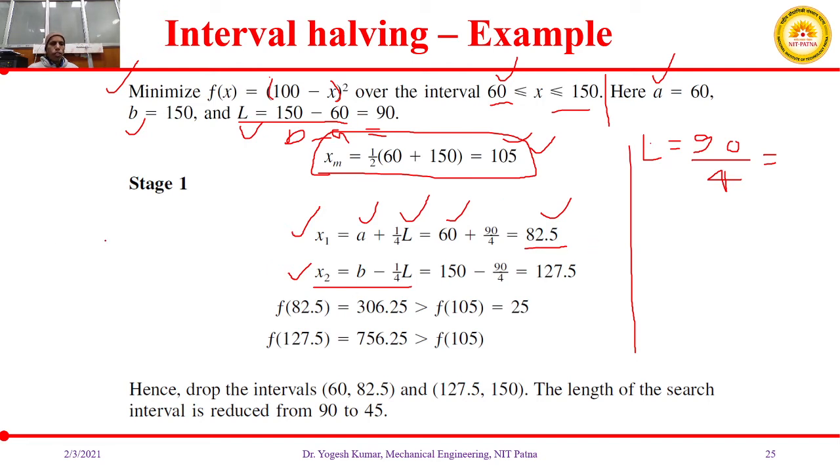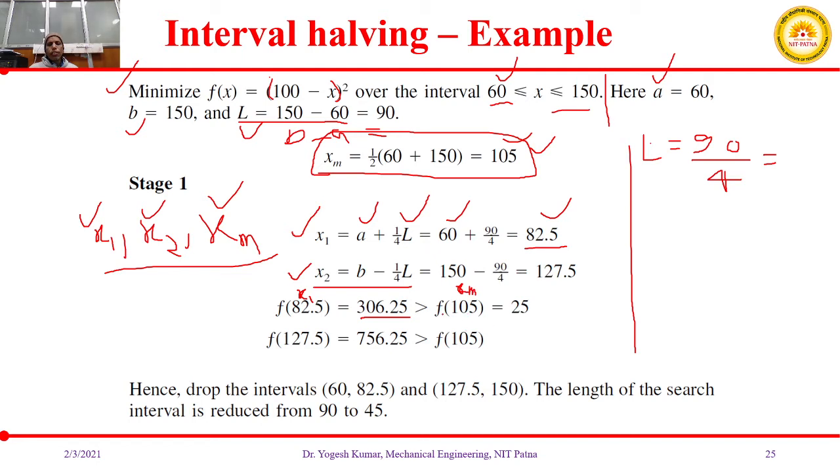So we have 3 points, x1, x2, and xm. And now we are supposed to calculate the value of your function at all these 3 points. So the value of the function at x1, 82.5, is coming around 306.25. If you compare this value with f(xm), what is happening?